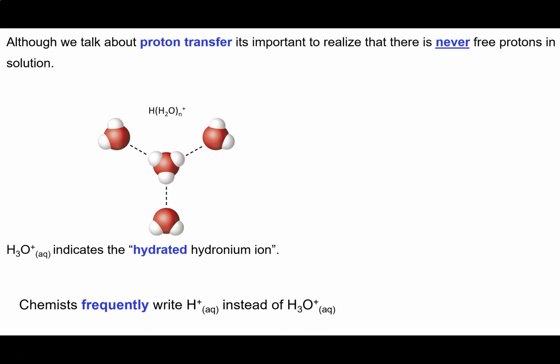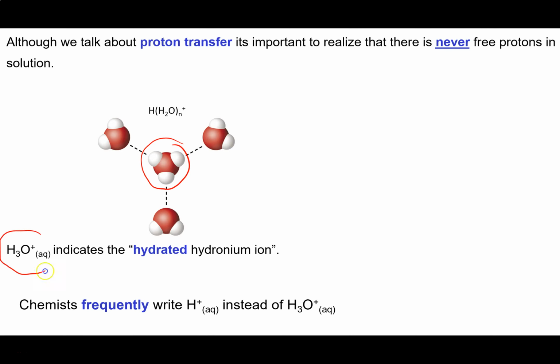Now, it's important to realize that the hydronium ion will be hydrated, so this positive cation will be surrounded by a large number of water molecules, all with their negative ends pointing in. So we don't have free protons or free hydronium ions really floating around in aqueous solution.